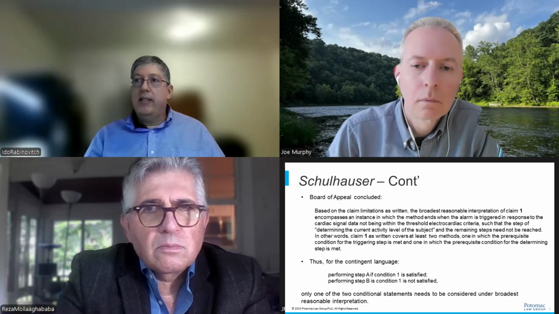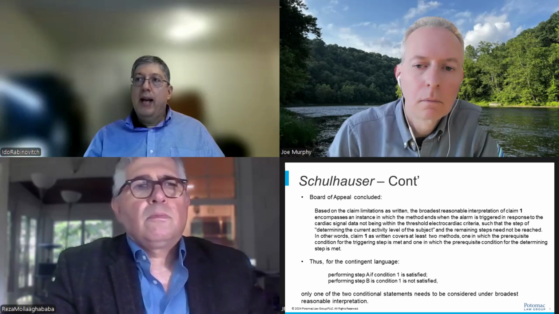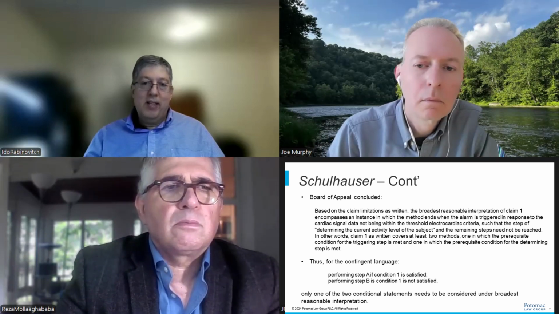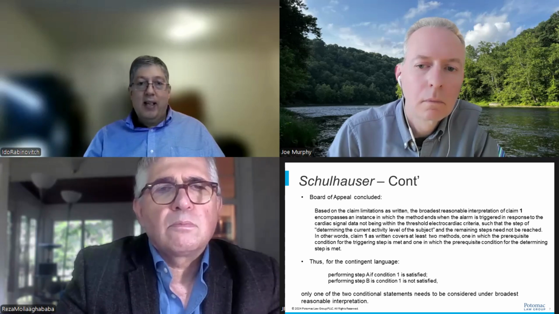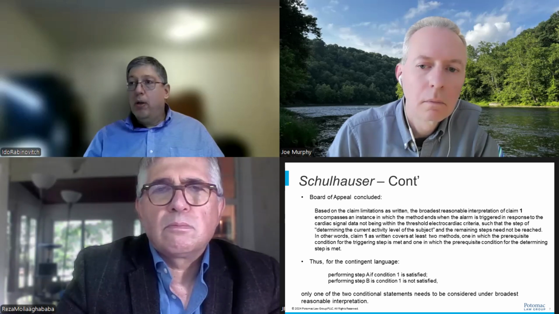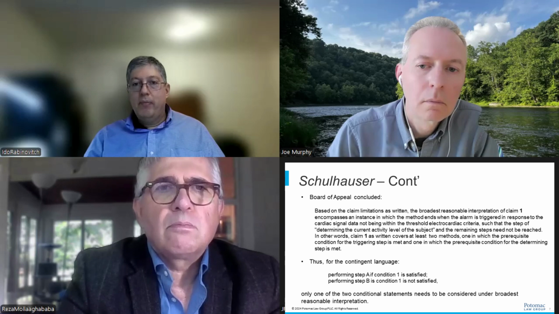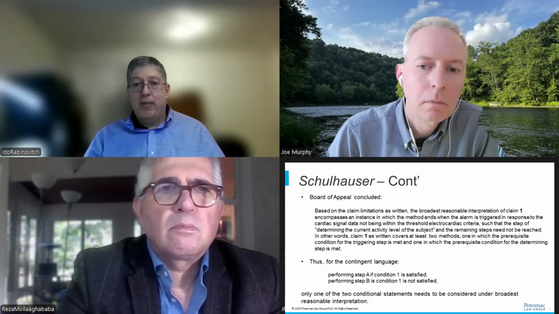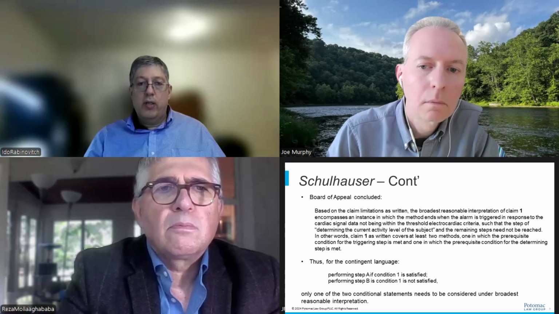It's a 2016 decision, Schulhauser. So that section of the MPEP was presumably added in 2016. So it's not clear that all examiners are even aware of that, or that they go over that principle during their training, which is possibly the reason we're not seeing a lot of those rejections.